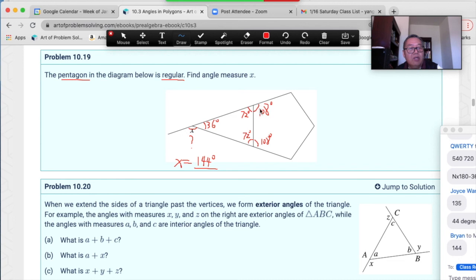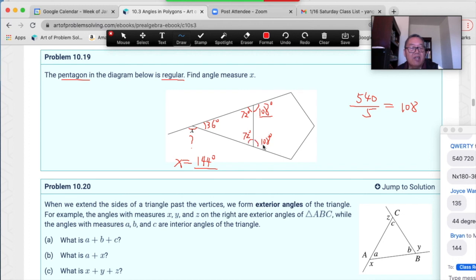So we know each angle in a regular pentagon should be 108 because that's 540 divided by 5. Then you can get this exterior angle equal to 72 degrees because these two angles add together to give you 180 degrees.